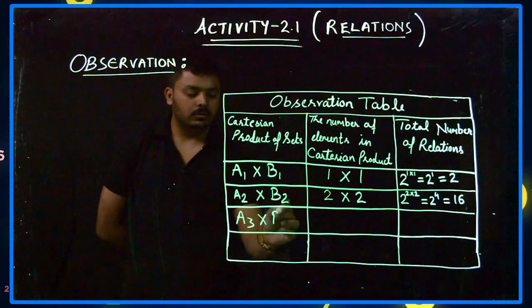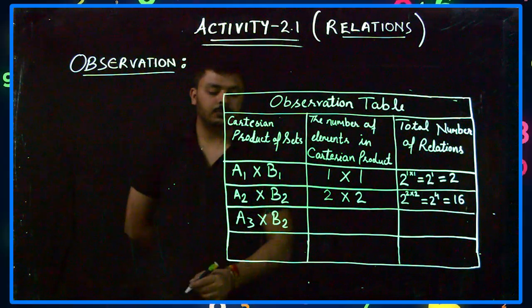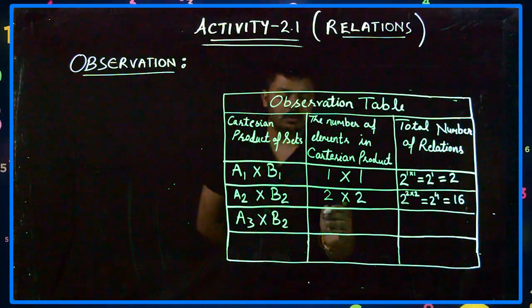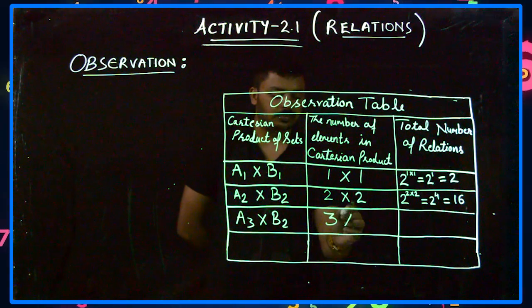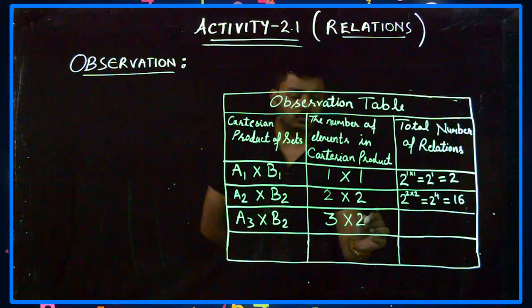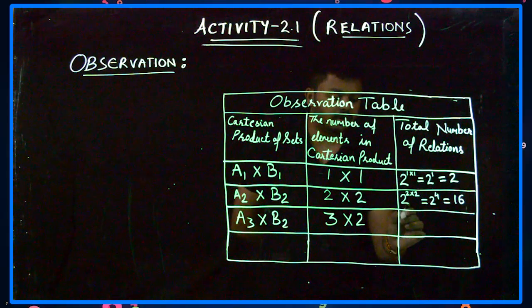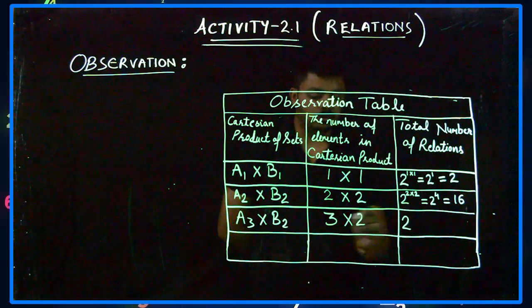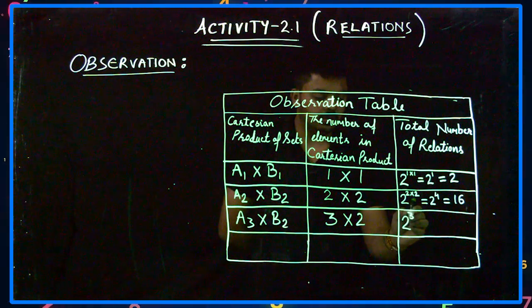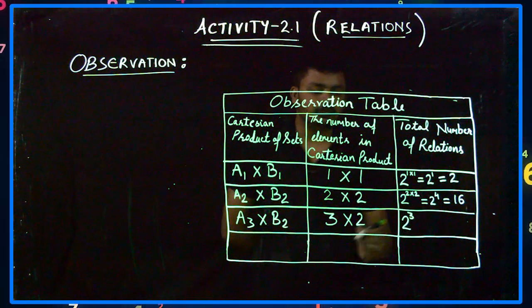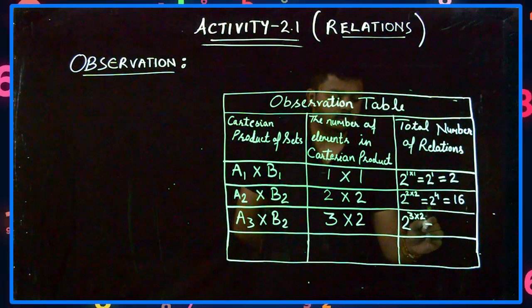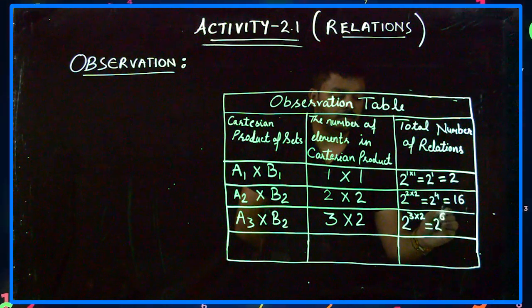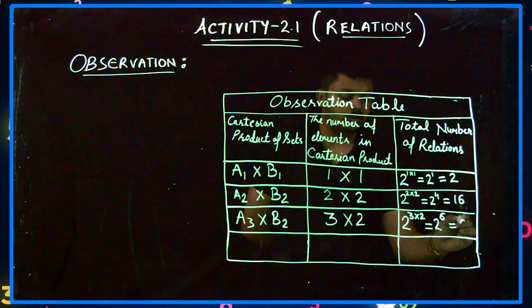into set B2. So the elements in set A3 was 3 and B2 was 2. So our total number of relations becomes 2 to the power 3 into 2, so 2 to the power 6 equals 64.